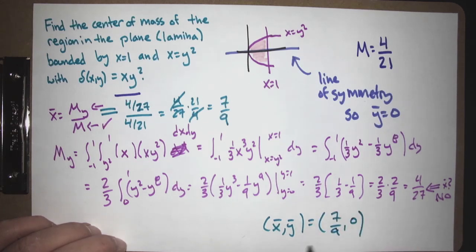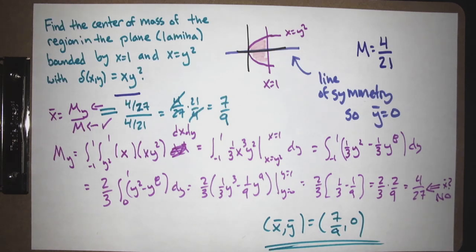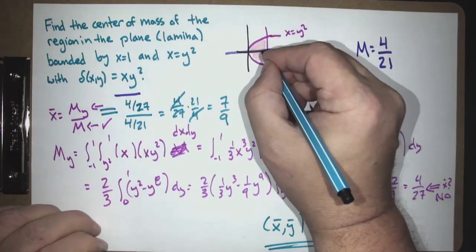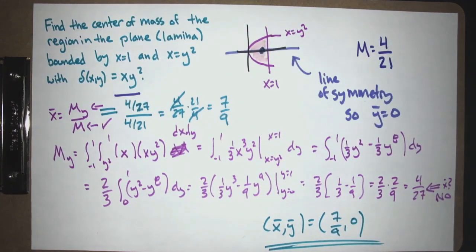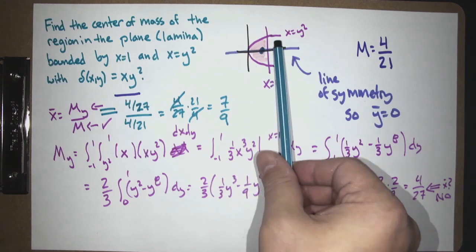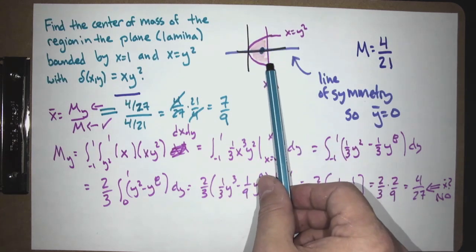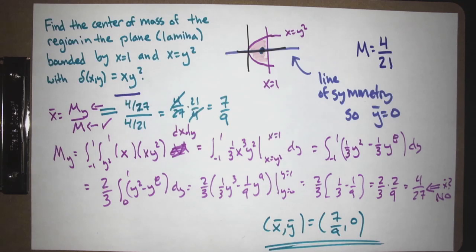Now, before we run away from this problem, not that we're scared, but we have other things to run towards, is it reasonable? It would say that the center of mass is, roughly speaking, right around here. But you'll notice that we are definitely more mass to the left, and also especially in the upper corner. So there's a lot of mass in this piece. Now, what would be unreasonable?